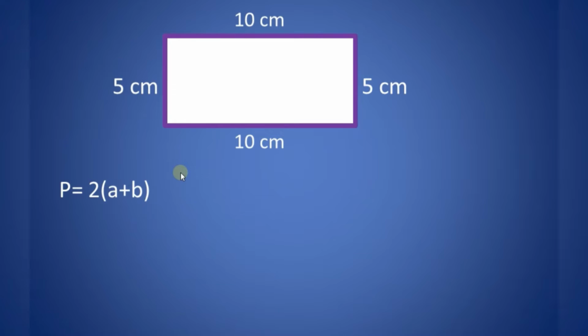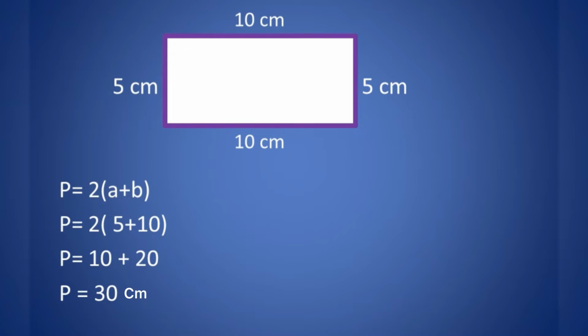So now you will have 2 times 5, which is equal to 10, and you put back the plus sign, then you'll have 2 times 10, which is equal to 20. Now you will have P is equal to 10 plus 20, and your answer is 30. So you can either use the equation or you can just write out all the numbers and add it together.